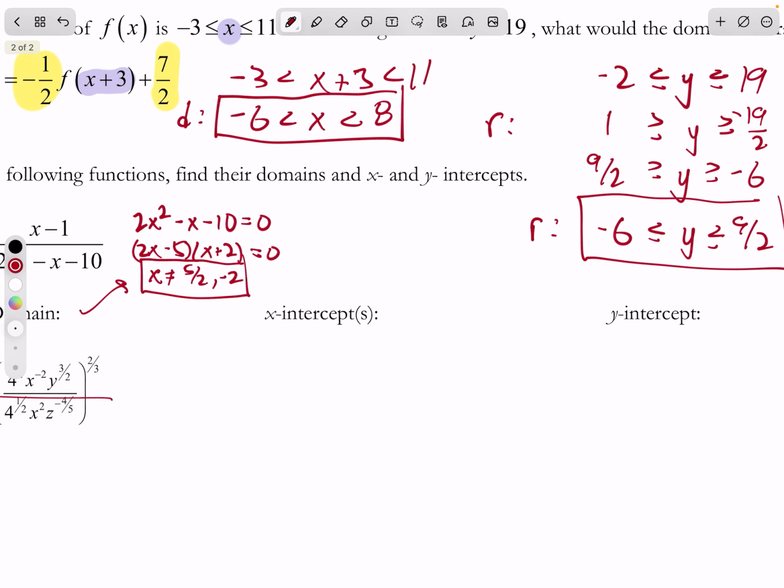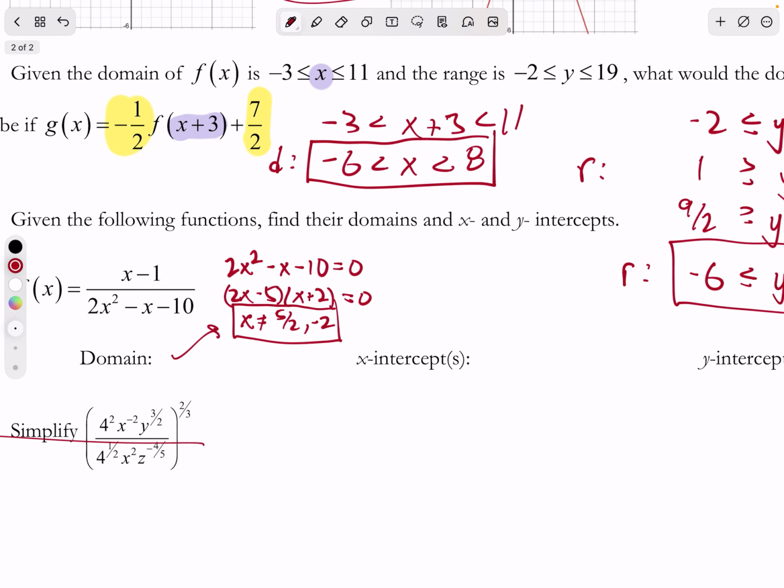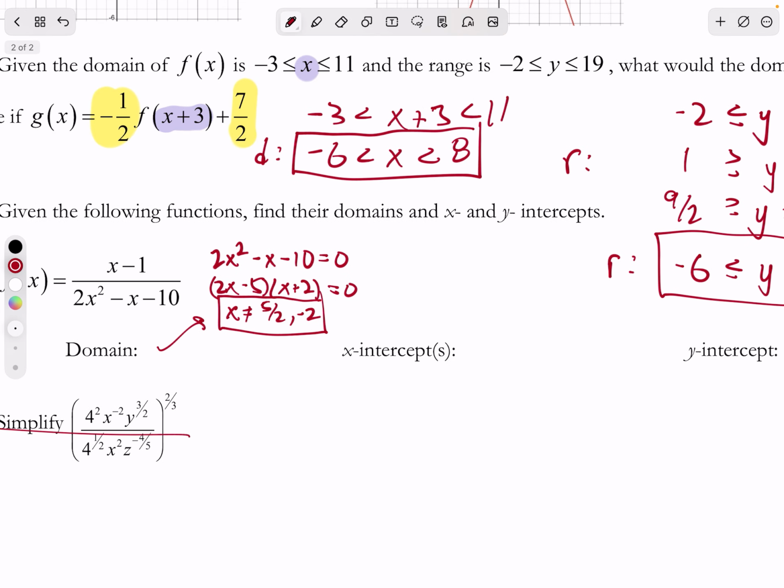The x-intercept, remember, let y equal 0. Super easy, right? Let y equal 0. So I have 0 equals x minus 1 over 2x squared minus x minus 10. Well, wait a second. That's not easy. That's a weird looking thing equal to 0. Well, actually, it's just a fraction. So when does a fraction equal 0?